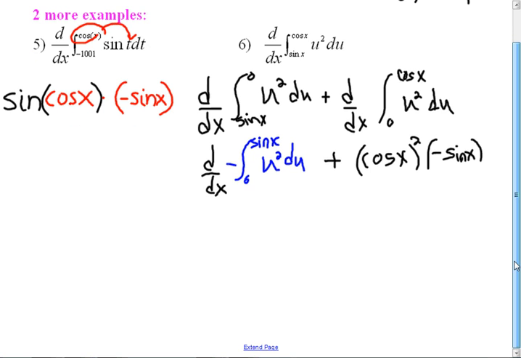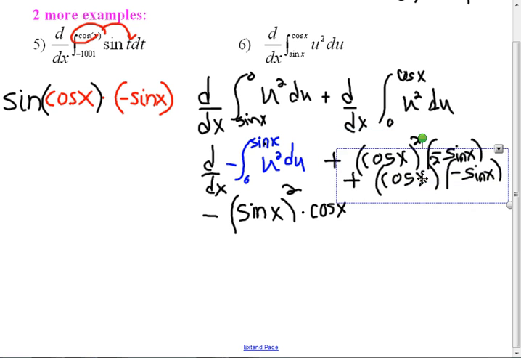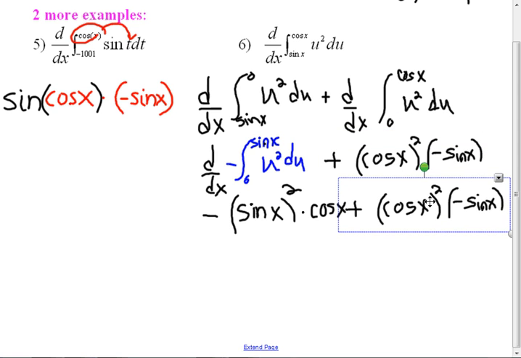And now we just have to do the first one, and that's a negative, and I'm going to substitute sine in there, so it's going to be sine of x squared times, and then I have to do the derivative of the upper limit, which is cosine of x. And then still plus this other side. There. That's it. It's really not that bad.